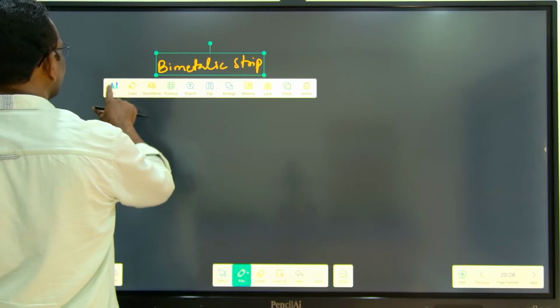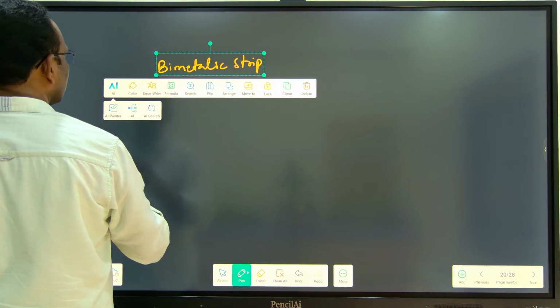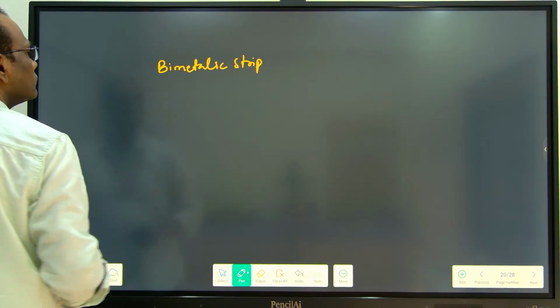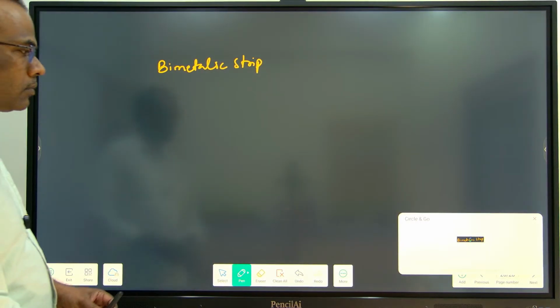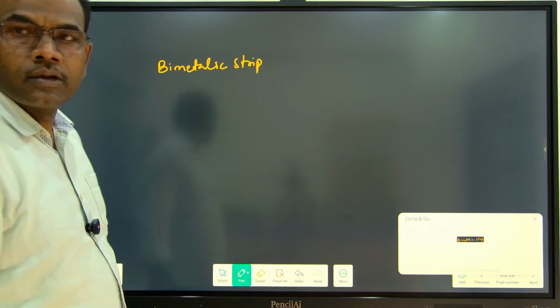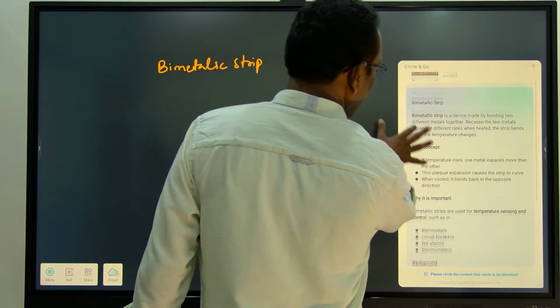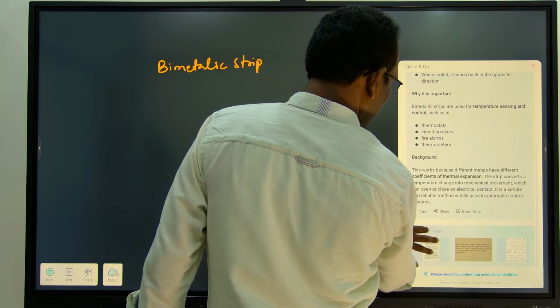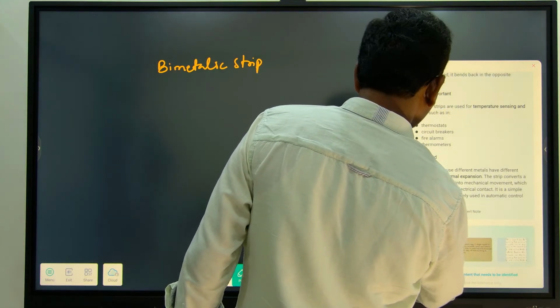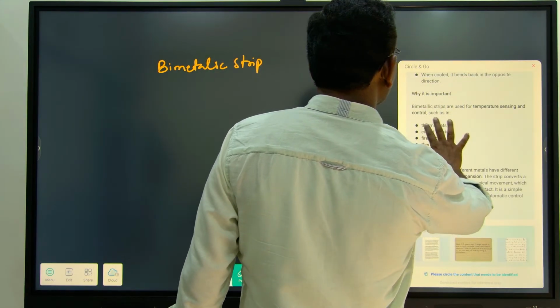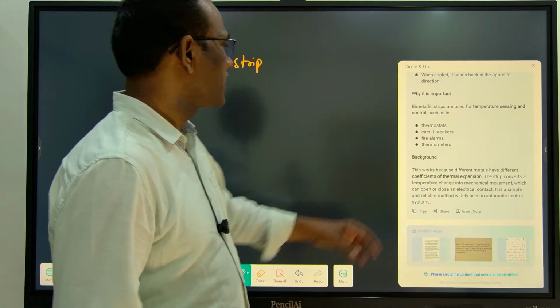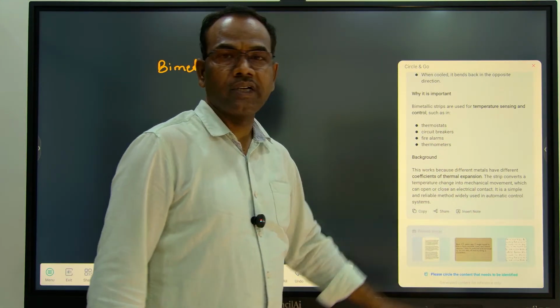Bimetallic strip. That's how they work. Images are not available. They are used in thermostats, circuit breakers, fire alarms, and thermometers.